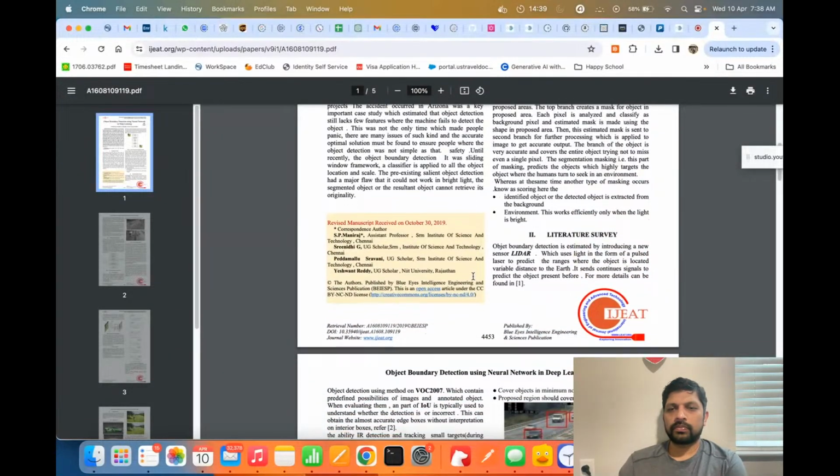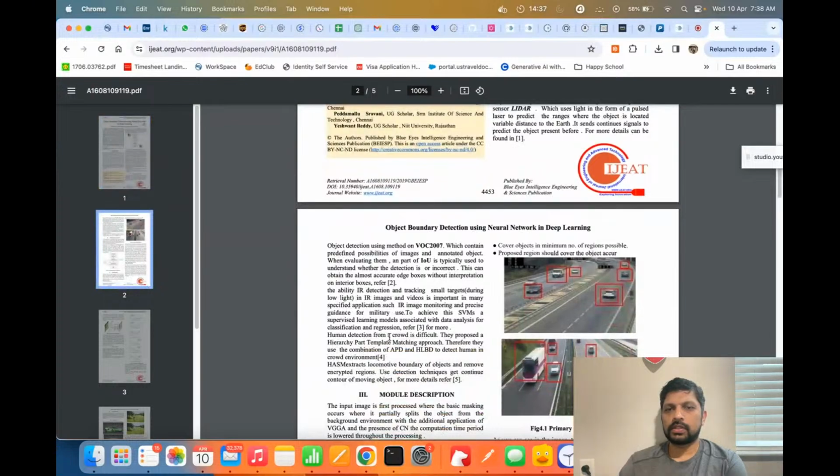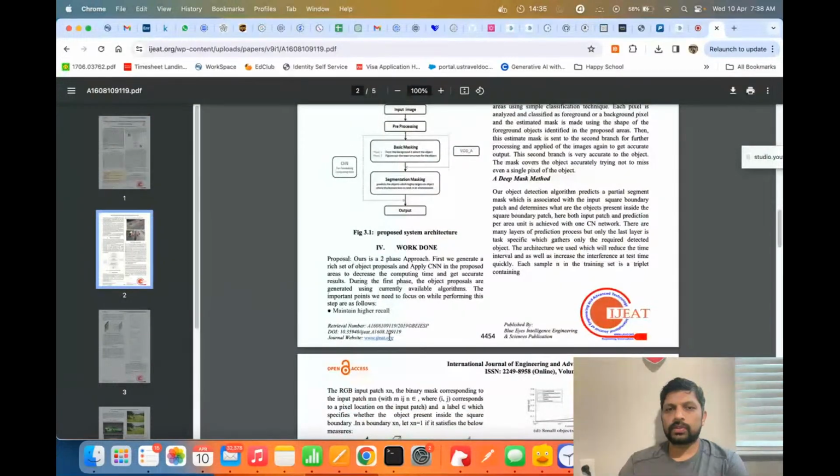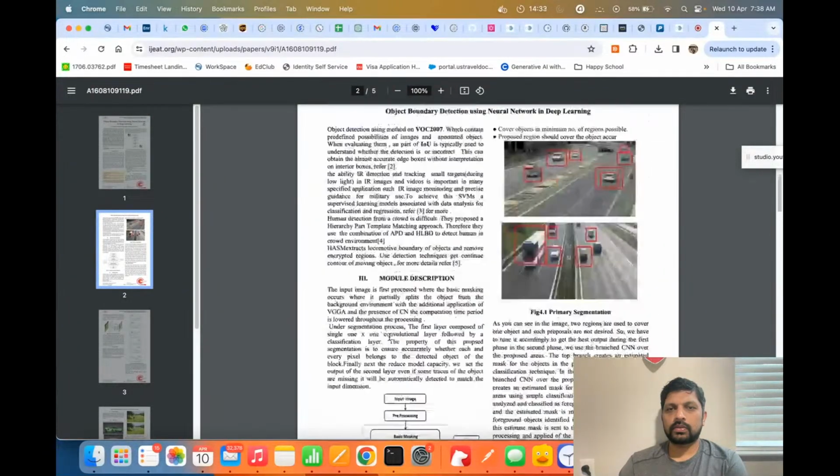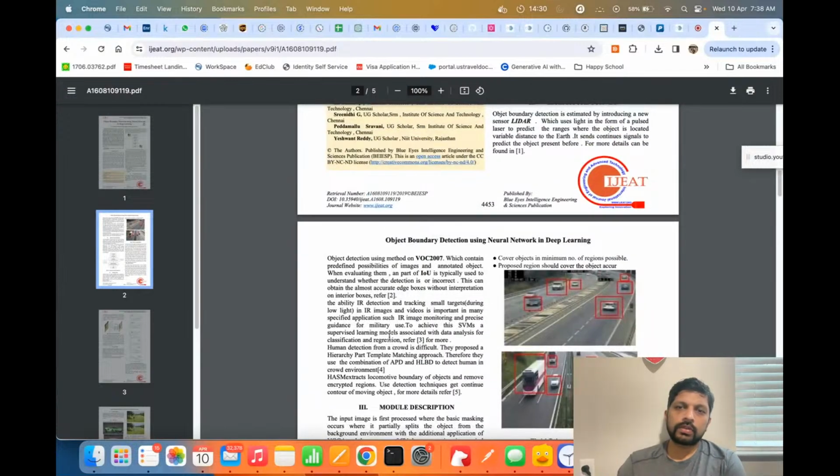It raises the question, how does this happen? Cover objects in a minimum number of regions possible.